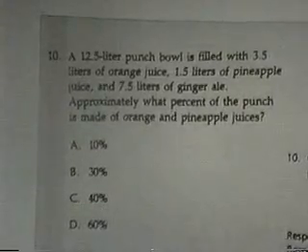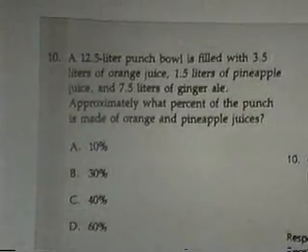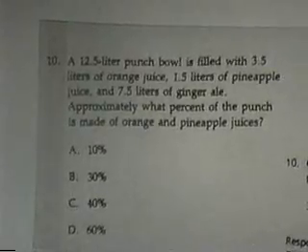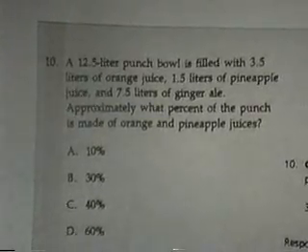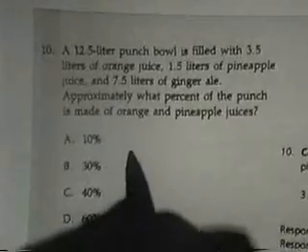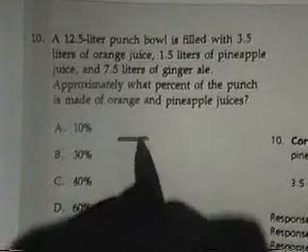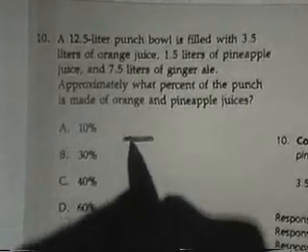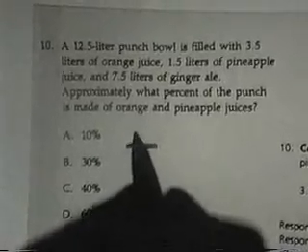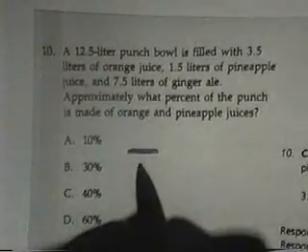Approximately what percent of the punch is made of orange and pineapple juice? Wait a minute now, percent. Percent is part over the whole, okay? The part over the total.